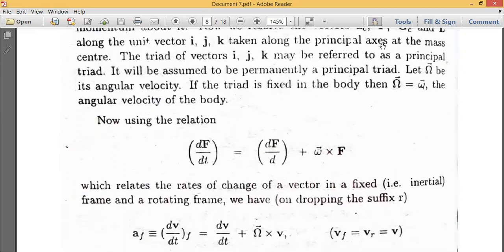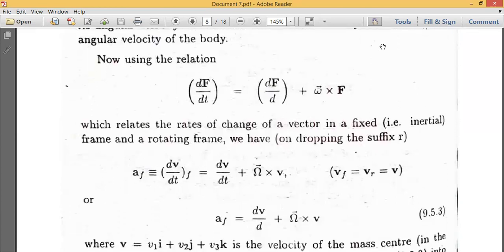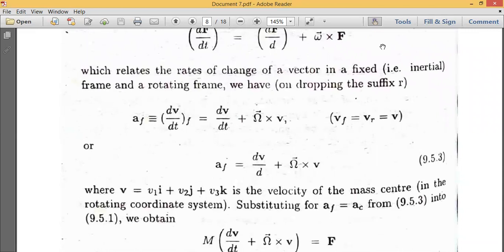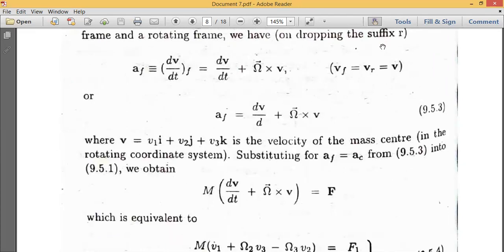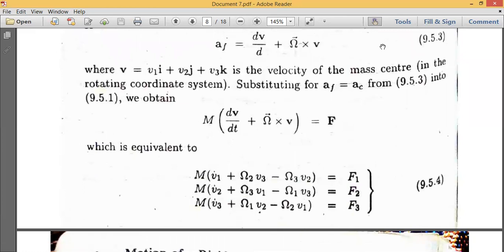Now using the relation (df/dt) in the fixed frame equals (df/dt) in the rotating frame plus omega cross f, which relates the rates of change of a vector in a fixed frame and a rotating frame, we have A_f is equal to dv over dt plus omega cross v, where v is equal to v1 i plus v2 j plus v3 k, the velocity of the mass center.